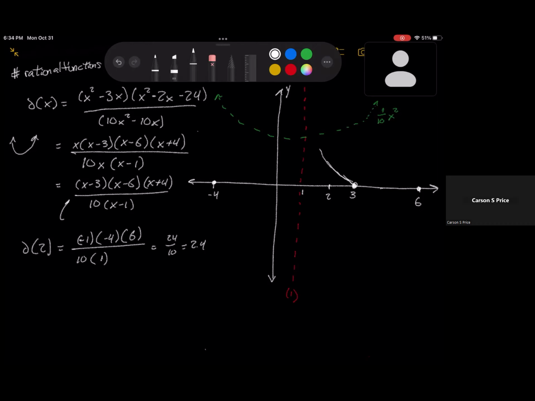Now, as I approach this vertical asymptote, I can never actually reach it. So I'm going to be forced to move upwards infinitely, but I'll get infinitely close to it. Now, think about this 0 here at 3. It is a consequence of this factor in the numerator. And that factor appears once, an odd number of times.